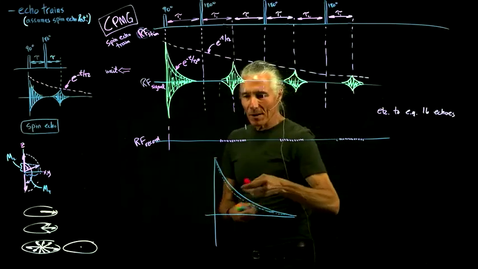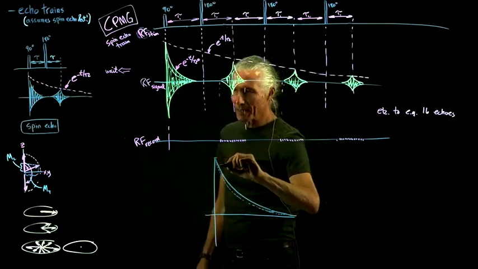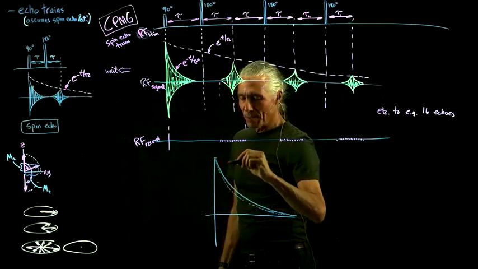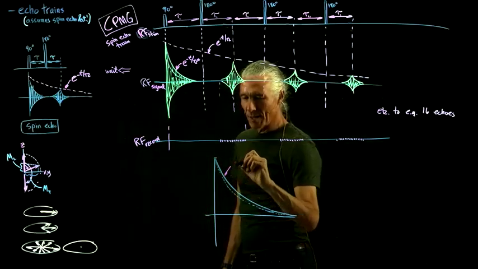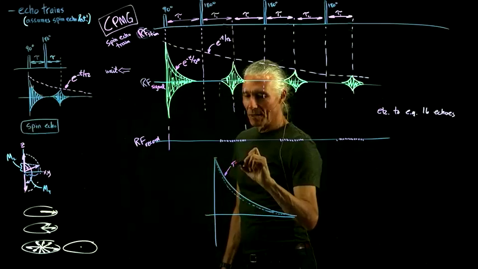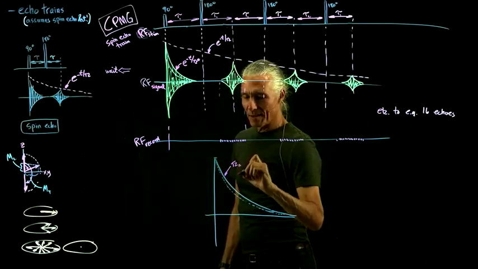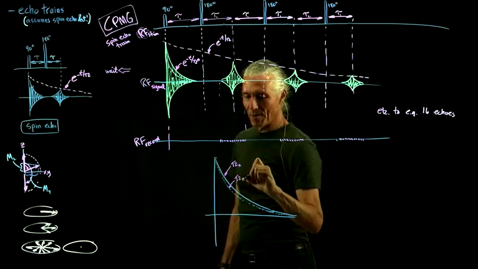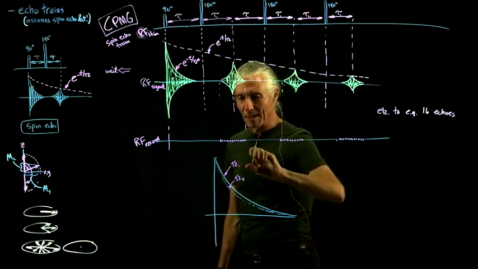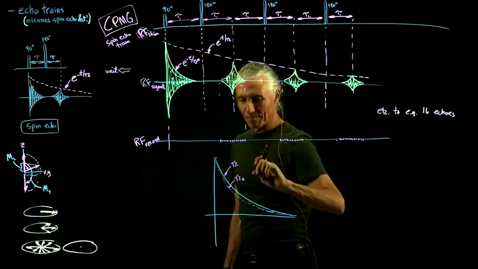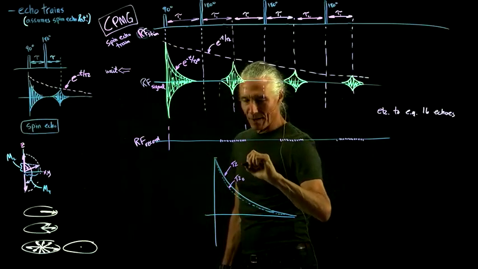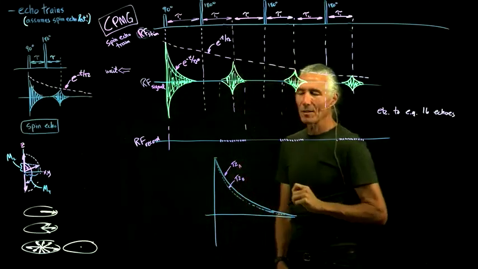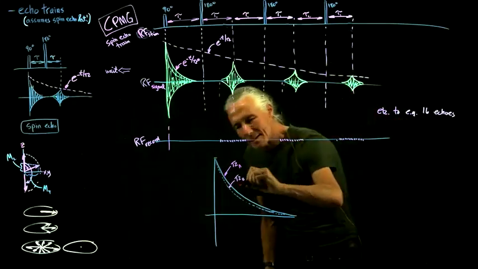But if you record very early on, you get a big signal, but there's no difference. So this is T2A, and this is T2B, two different tissue types. Let's say this is gray and white matter, which aren't very different, but we'll just call them A and B. And so what you want is somewhere in here.